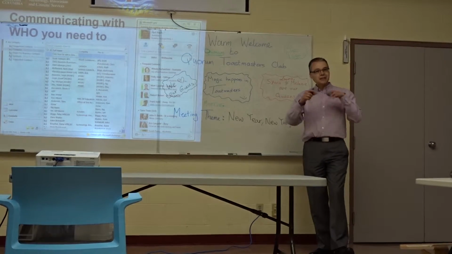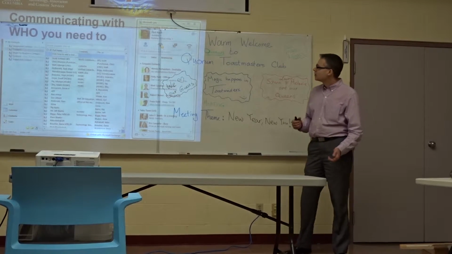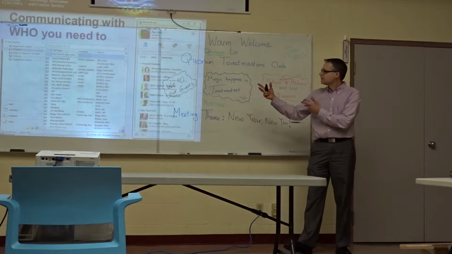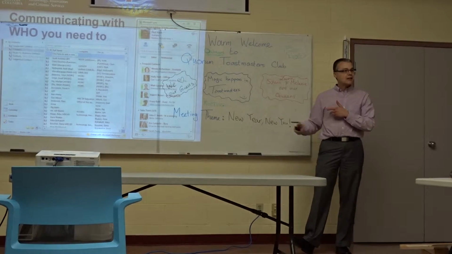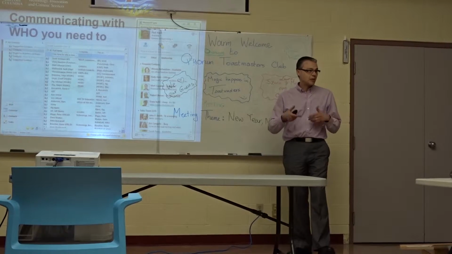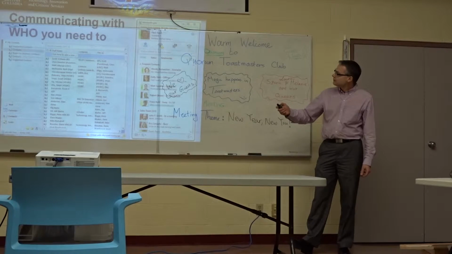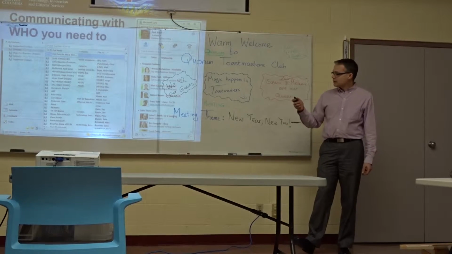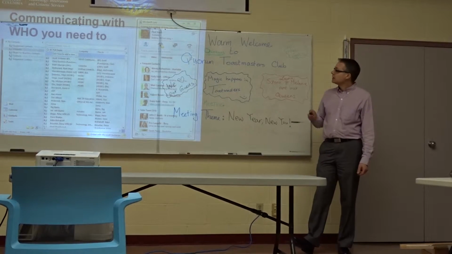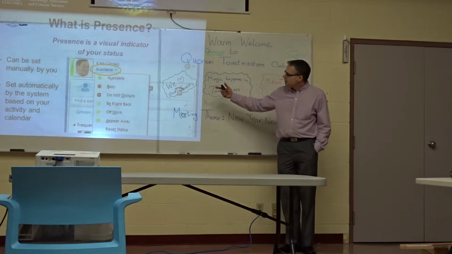I don't have to write a long email and wait for a response. It's all interactive. So this is how we can manage who we talk to, find out what their status is, when they're available, and find out what different ways we can communicate with them, but I'll get into that after. So just a very easy example.